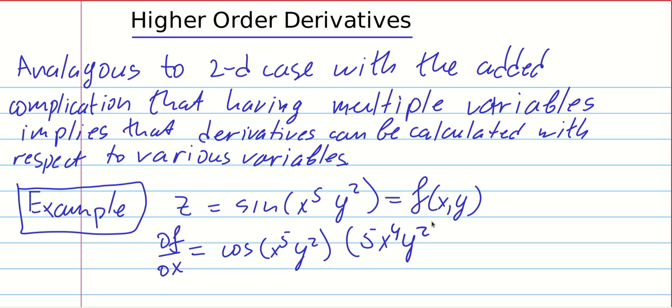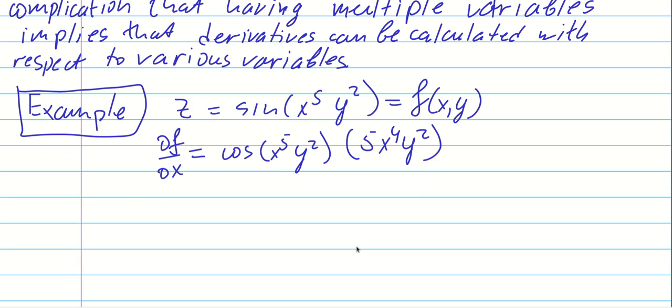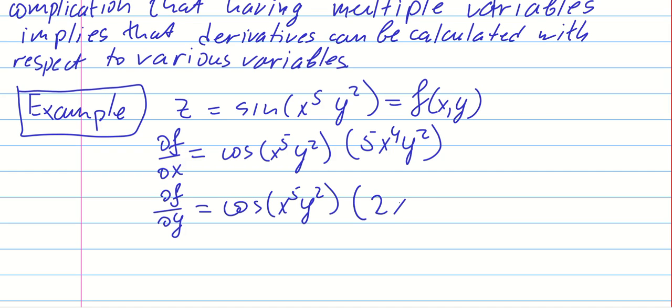So we're going to get this expression, which is the partial with respect to x. Then if we calculate the partial with respect to y, we're going to get cosine of x to the 5 y squared times x to the 5 y squared's derivative. We should decrease the power by 1, so it's going to be y.